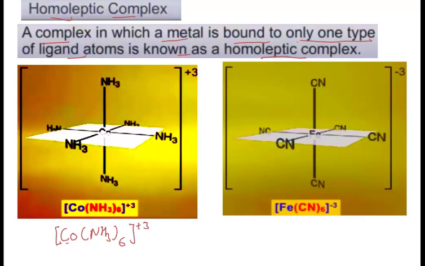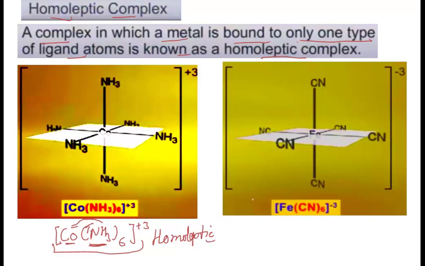Now the central metal atom is cobalt, and it is bound to only one kind of ligand. Although the number of ligands is more than one, the ligand nature is one, it is ammonia, right? So when one type of ligand is present in the coordination complex, we call such a complex a homoleptic complex.